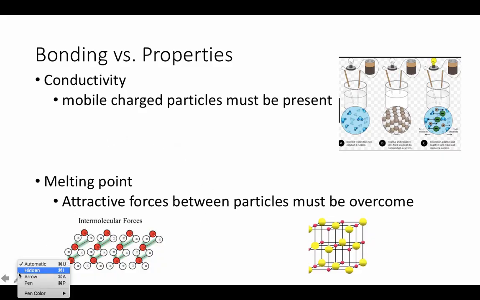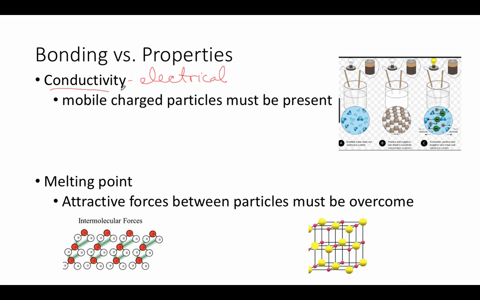So let's talk in detail about some properties that we're going to delve into deeper, why some things act certain ways. Conductivity. And in particular, we're going to be talking about electrical. And there is also thermal conductivity, which is the ability to transmit heat through a substance.